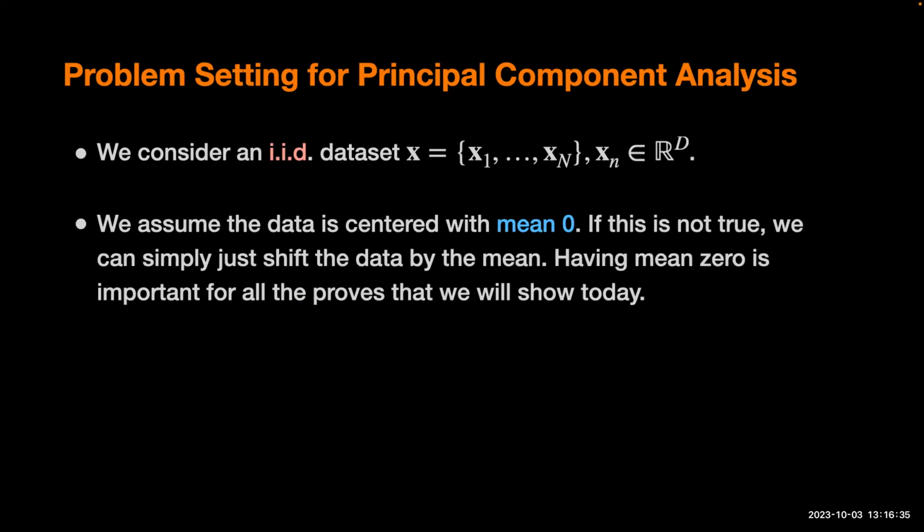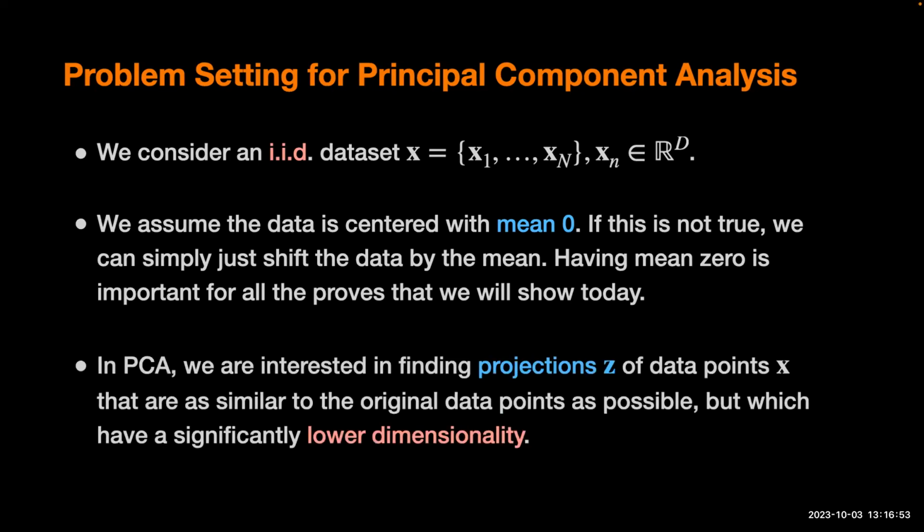If this is not the case, which is most of the cases in astronomy, take spectra for example, the flux is strictly positive, so you are definitely not mean 0, but you can always shift each variable, each pixel in the spectrum, to have mean 0. And the goal here is to find a projection Z that is, of course, much lower dimensional than X, that will be similar in some sense to the original data X.